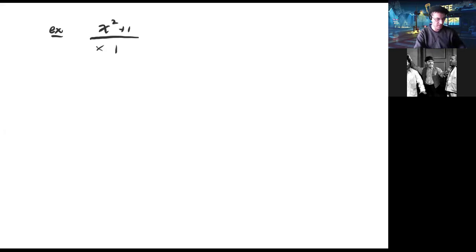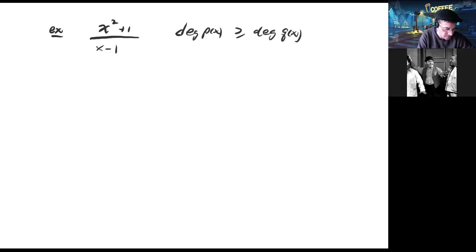There's a single linear factor in the denominator. In the numerator, we have a polynomial x squared plus 1. And in this case, the degree of p of x is actually greater than or equal to the degree of q of x. And if this is the case, we have to do a long division.